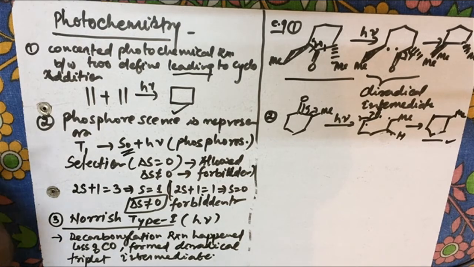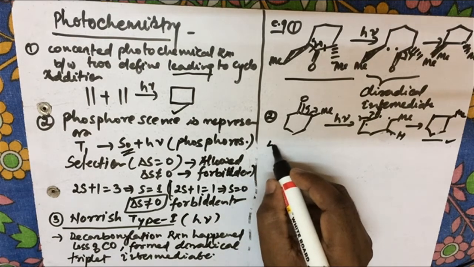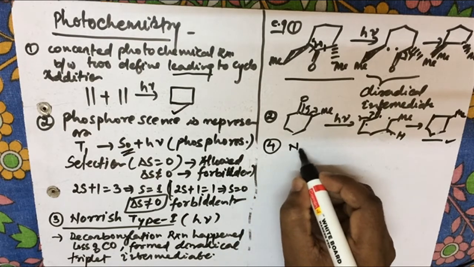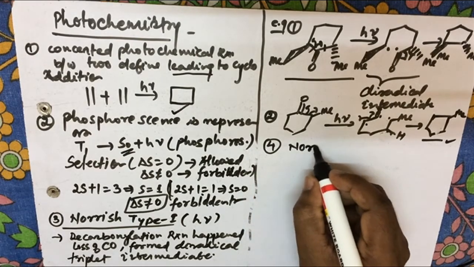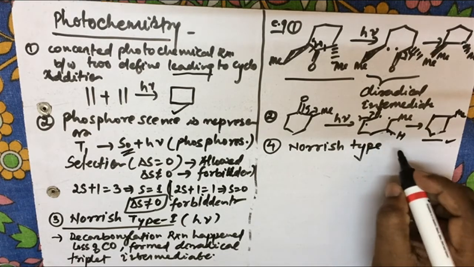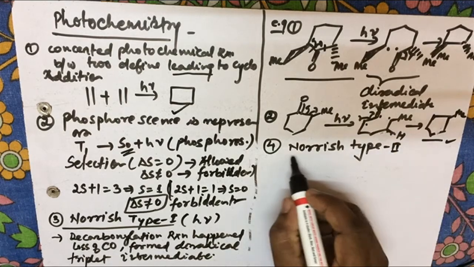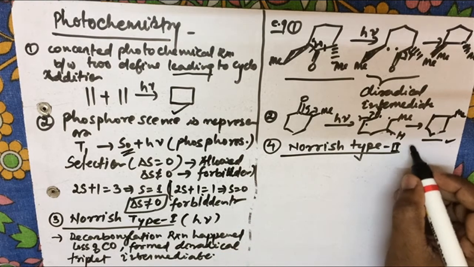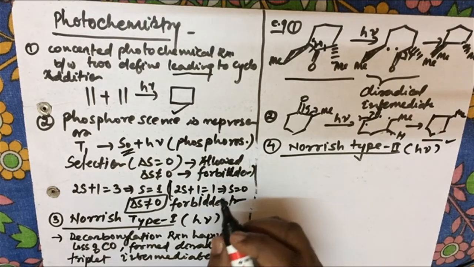Norrish type 2. This is also very important, and it undergoes under light condition.